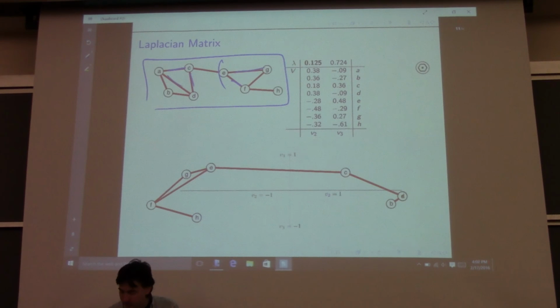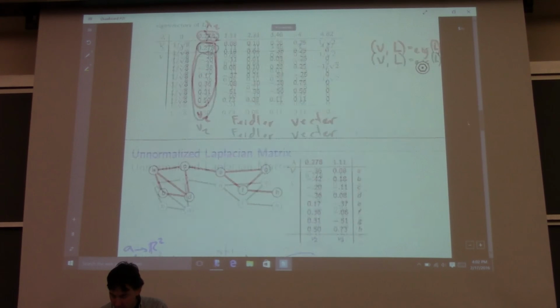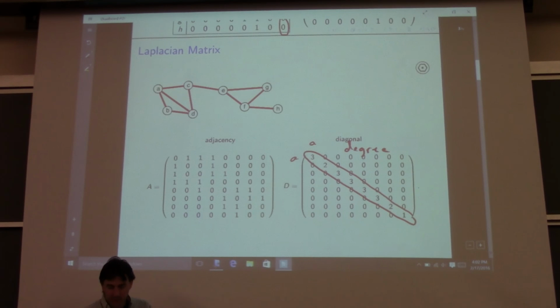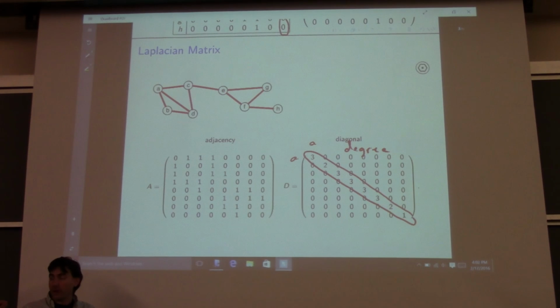And this gave rise to a matrix, right, where I have this adjacency and this degree matrix. Right, if I look at this adjacency matrix, these are values between 0 and 1. They're 0 or 1, right? But what else did we look at that had values between 0 and 1?